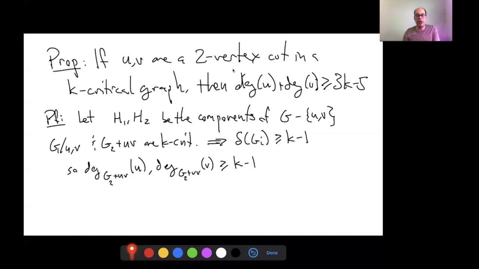So in other words, in the original graph, each of these vertices had to have at least K minus 2 edges that are accounted for in the subgraph G2.